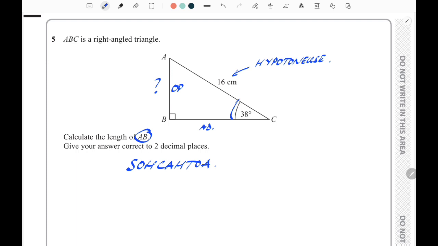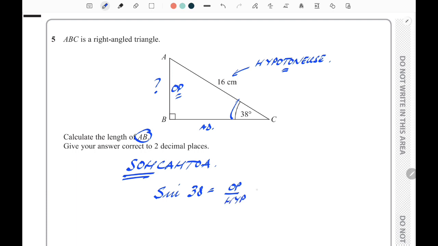So we want something that relates the opposite to a known quantity, which is the hypotenuse. Looking at our SOHCAHTOA, it's the first bit. Sine of an angle, in this case 38, equals the opposite over the hypotenuse.